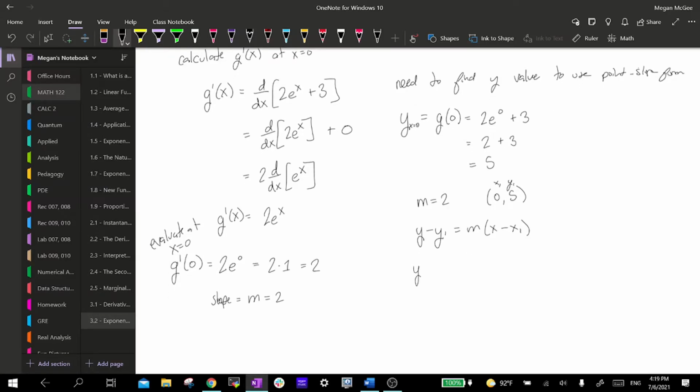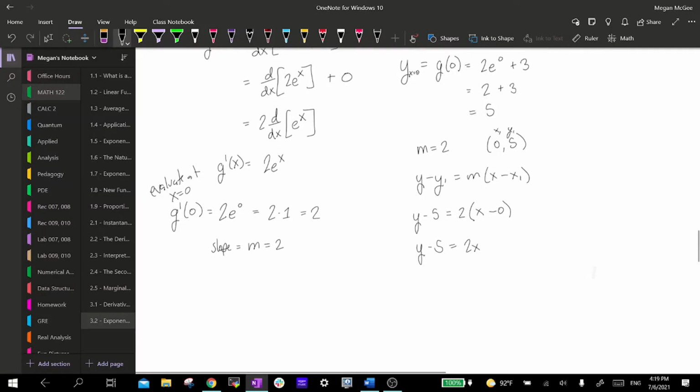So we have y minus 5 is equal to 2 times x minus 0. Okay, so y minus 5 is equal to 2x. We don't need to, or 2 times 0 is just 0, right? So we'll leave that alone.